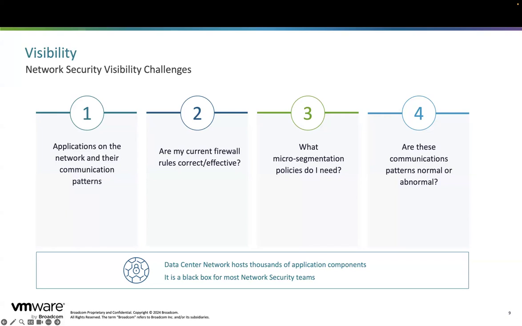Keep in mind that data center networks host thousands of application components, and often it's a black box for the security teams. There's a significant lack of visibility. We've talked about this earlier in the course: owning the hypervisor and being able to draw analytics out of the hypervisor is a surefire way to get a richer set of data about the environment.